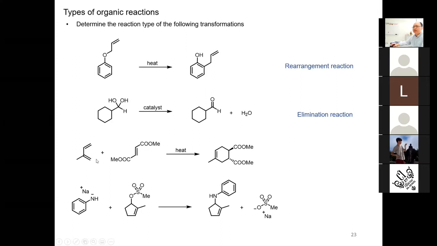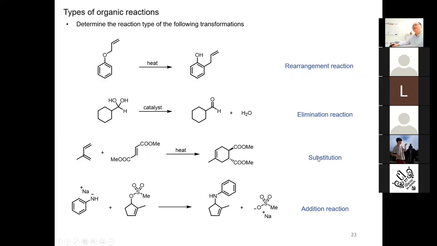And for the third one, two molecules become one molecule. Two to one, you add them up. Addition. Oh no, it's substitution. No, it's addition, yes. And then we have the fourth one. You have the sodium salt of this, and you have this molecule. Then you exchange this part.